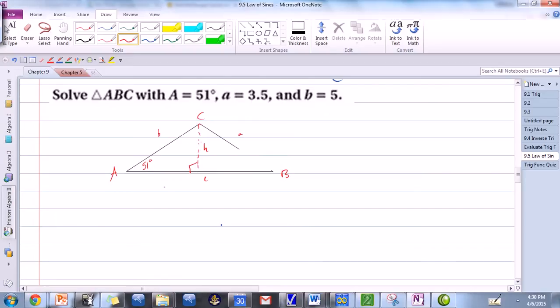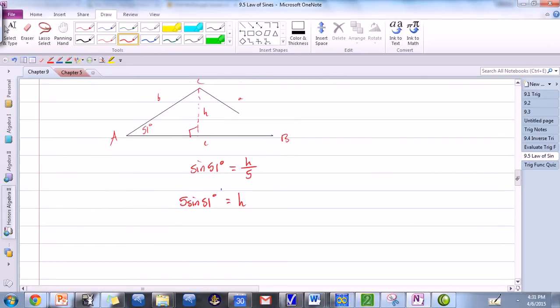So we just took the sine of 51 degrees, and we end up with H over whatever B is, and B in this case is 5. So H equals 5 times the sine of 51.